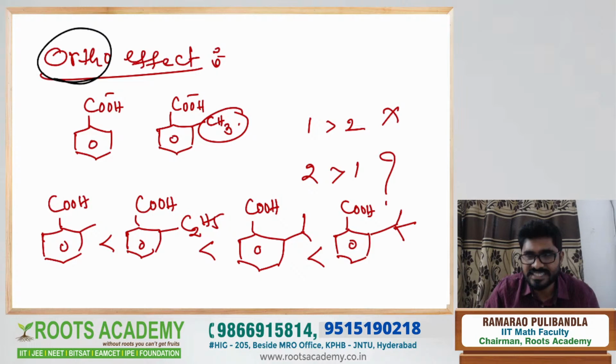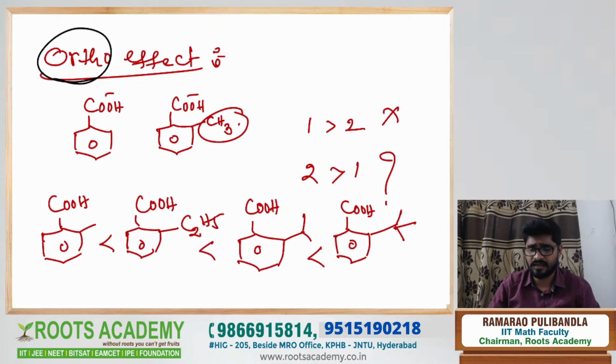So if any group is there at the ortho position, the acidic strength is more. If the group is more bulky, the acidic strength increases more. That one point you remember. The more bulky the group, the more the acidic strength. Yes, Manjari, this is a different, peculiar condition.